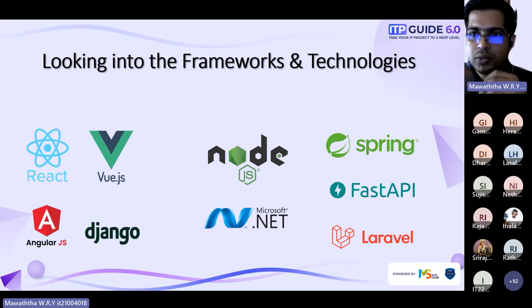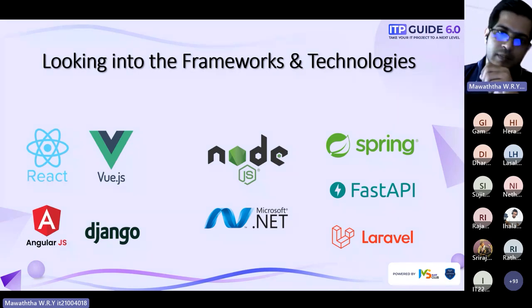And if you are hoping to use a Java-based framework for your backend development, you can use Spring or Spring Boot. And there's another backend framework, FastAPI, which is a Python-based framework, and also Laravel, which is a PHP-based framework.